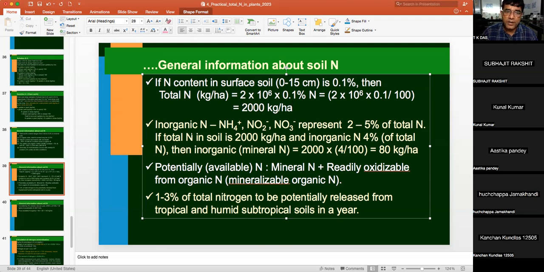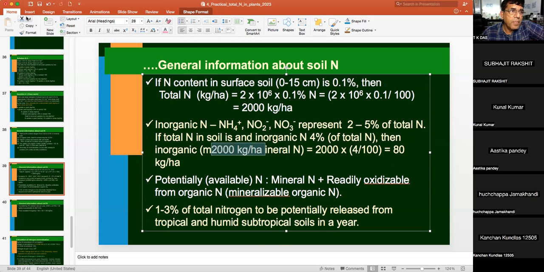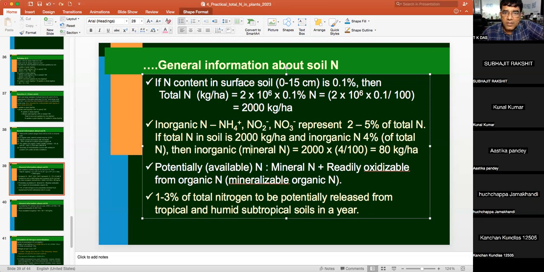Now, inorganic nitrogen, that is ammonium, nitrite, and nitrate, represents 2 to 5% of the total nitrogen. We are taking the same example forward. If the total nitrogen is 2000 kg per hectare and inorganic nitrogen is 4% of the total nitrogen.